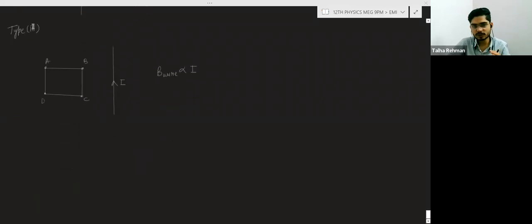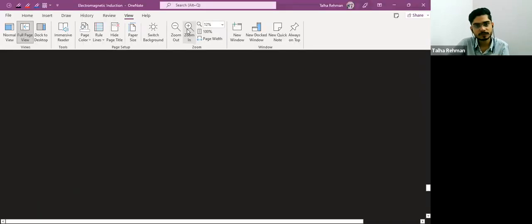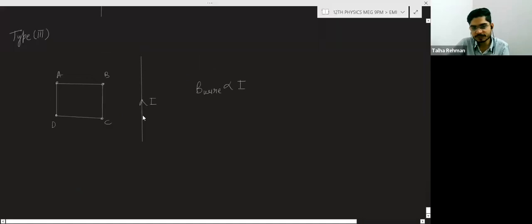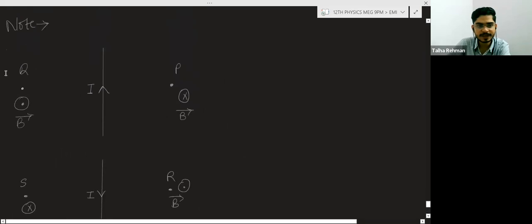Now I will use this concept here. Due to this wire, will the direction of the magnetic field produced by the wire be inwards or outwards? See here, this is the wire. Here the magnetic field will be outwards.